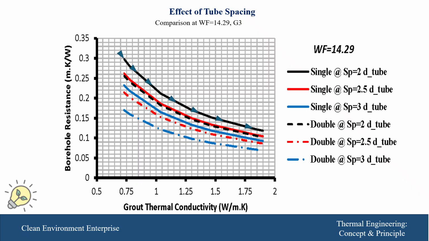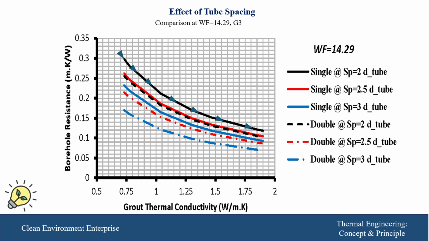The single tube at the same SP, when compared to the double tube, usually has a higher value than that of the double tube.